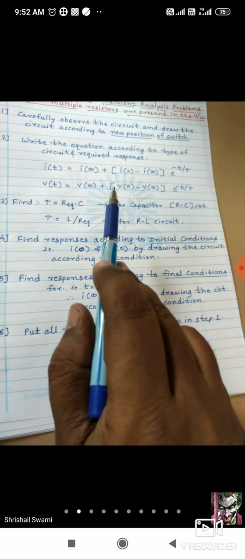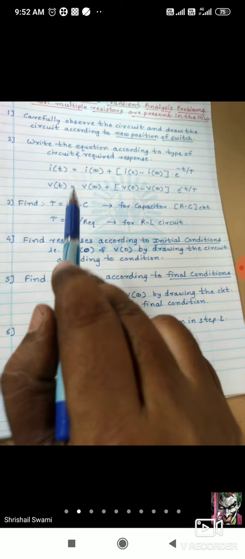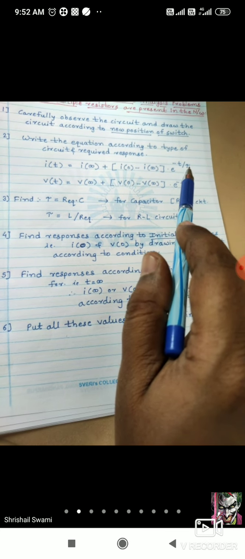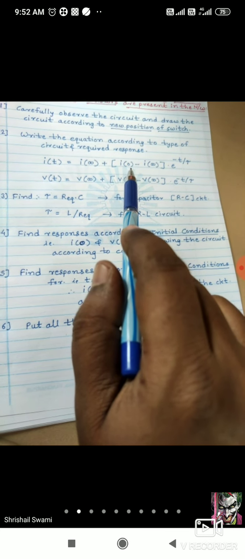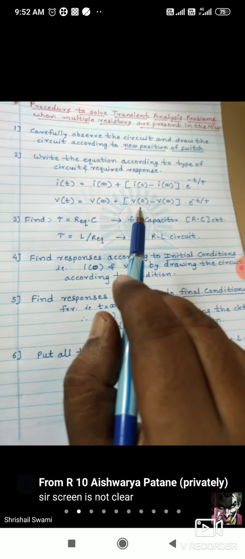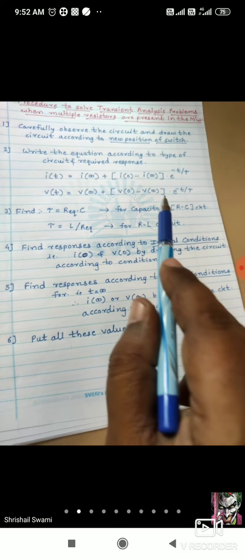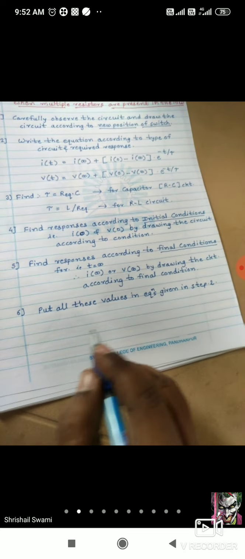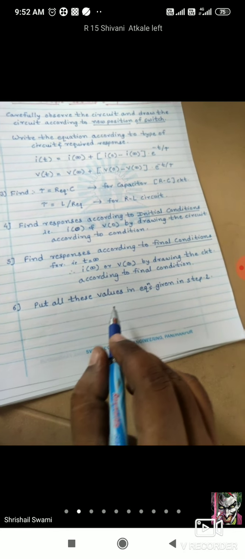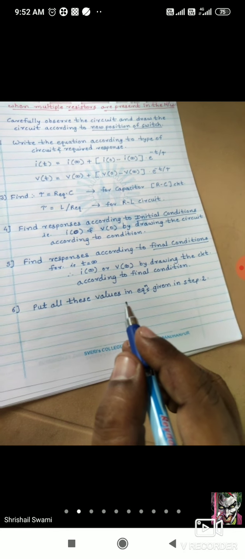So these are the equations given in step 2. Put all these values, that is tau, I of infinity, I of 0. Every value you put in the equation shown here, then you get the final or required response. Do you understand?